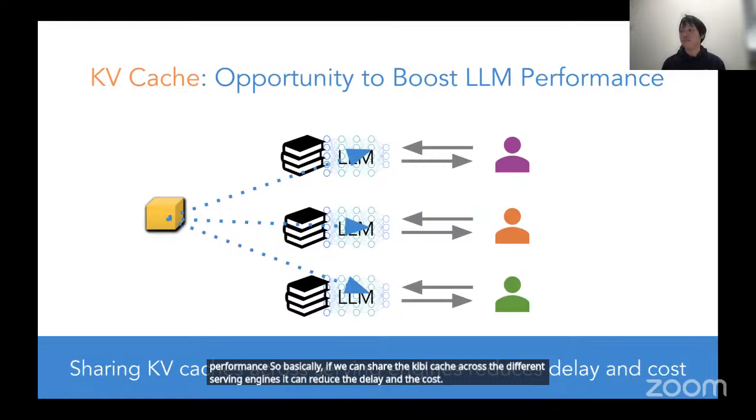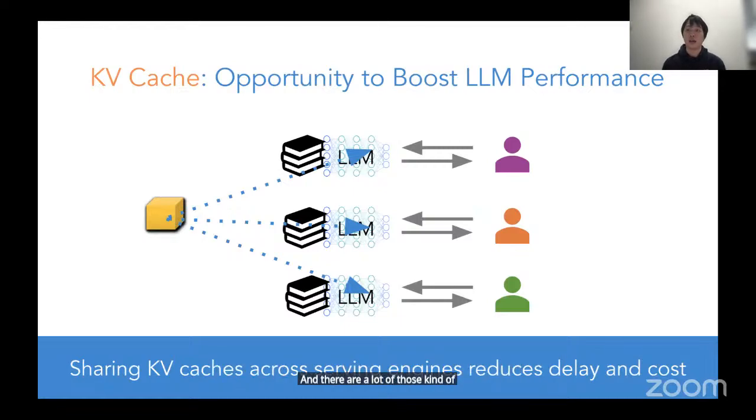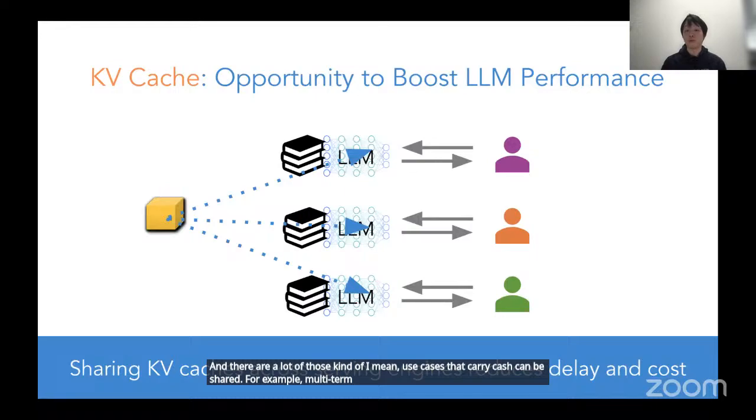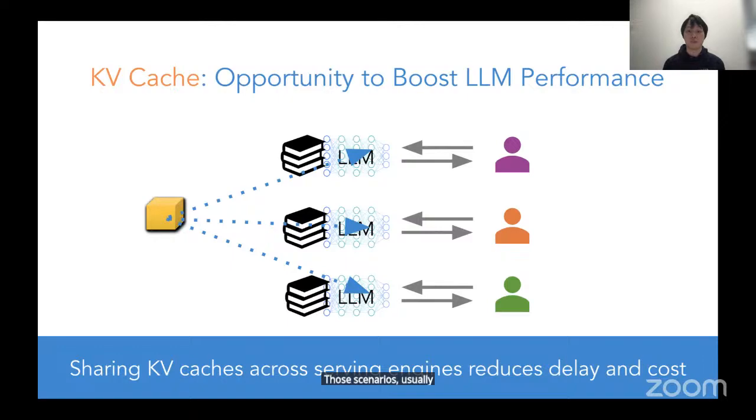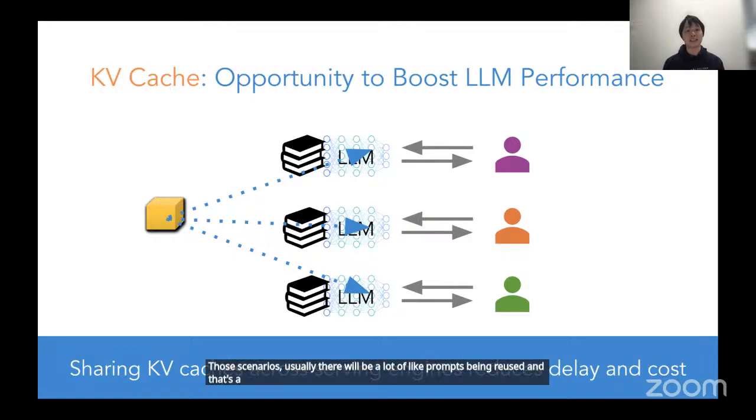And there are a lot of use cases where the KV cache can be shared, for example multi-turn conversation, RAG, long document Q&A, as well as agents. In those scenarios, there are usually a lot of prompts being reused, and that's the best case for the KV cache being reused.